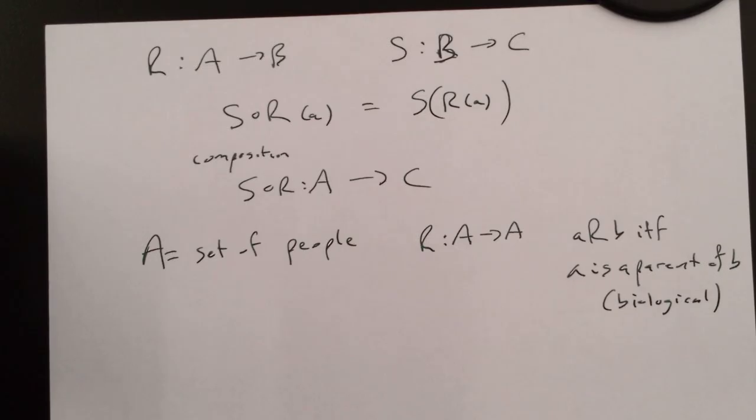In my set of people, A is related to B if A is a parent of B, and I mean biological parent, a contributor of genetic material. We can talk about adoptive families all you want, separate issue. We go with biology here for the moment. What does a composition mean here?